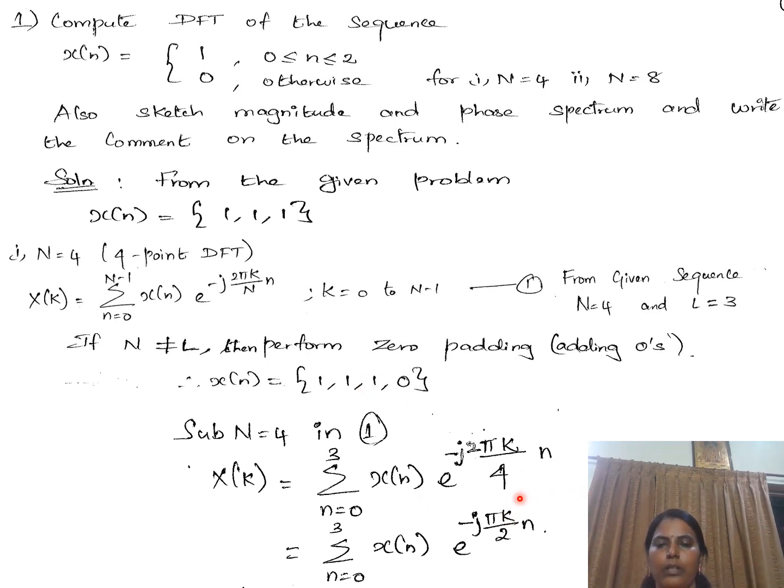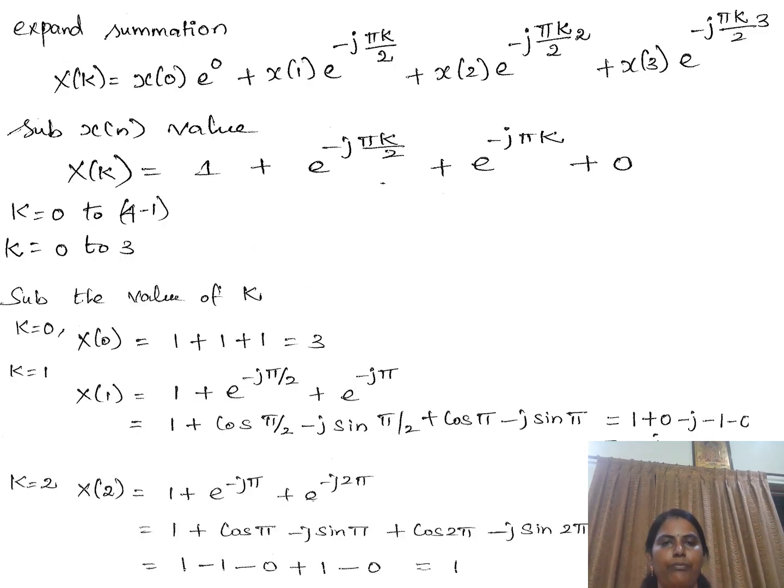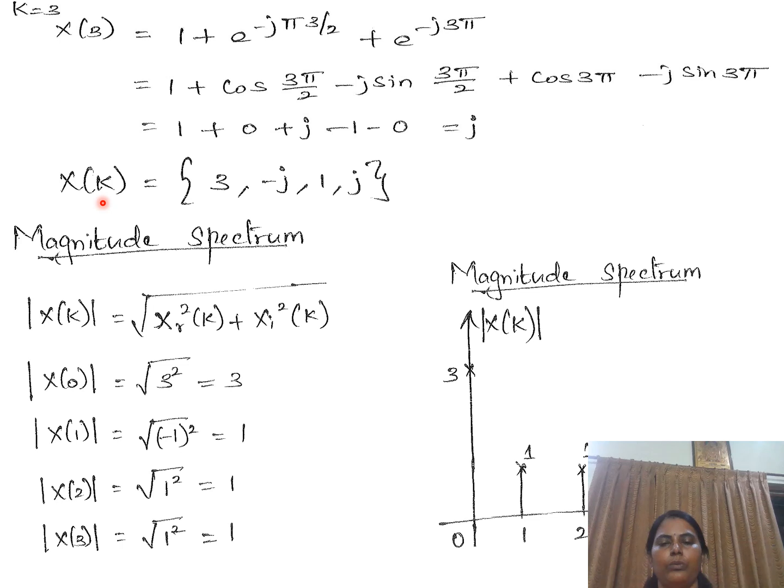Substitute here, we will get the answers: capital X of 0, X of 1, X of 2 as well as X of 3. Only 3 values are given, so the fourth value is going to be 0. So these are our DFT values: X of k equal to 3, minus j, 1, plus j.